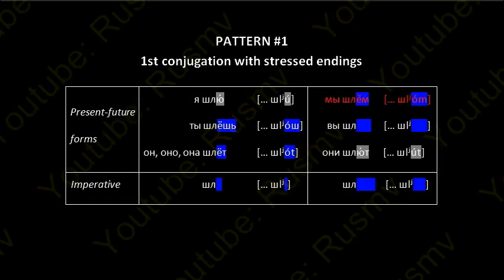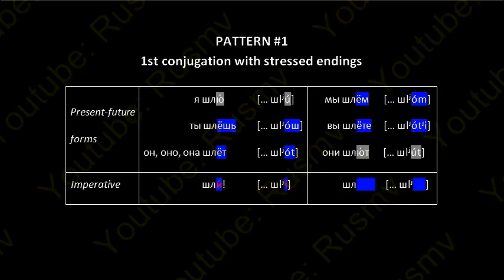Мы шлем, we send. Plural you form has pronounced ending оти. Вы шлете, you send.